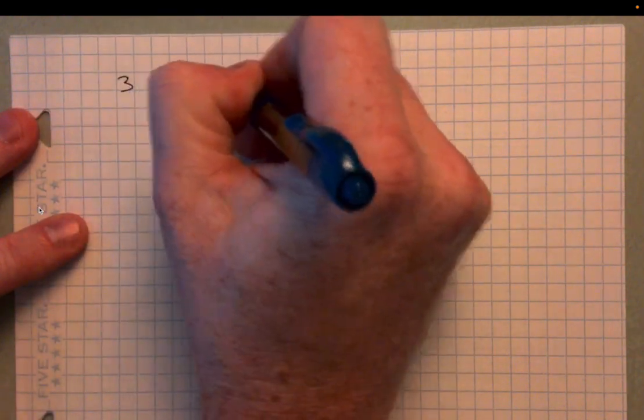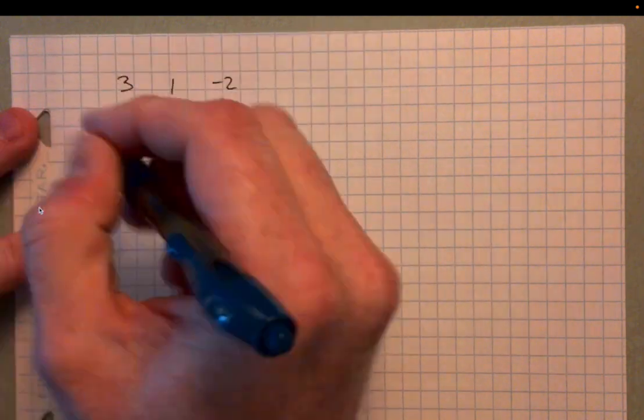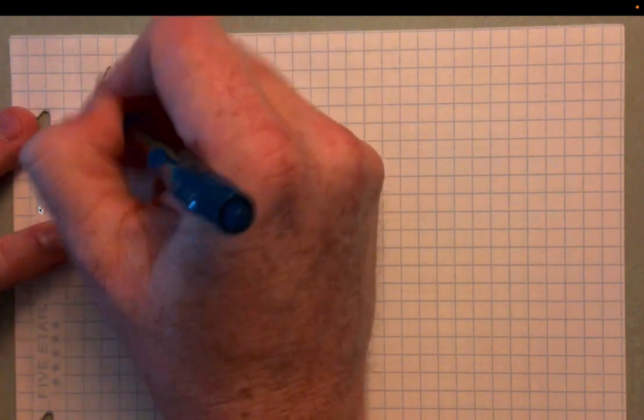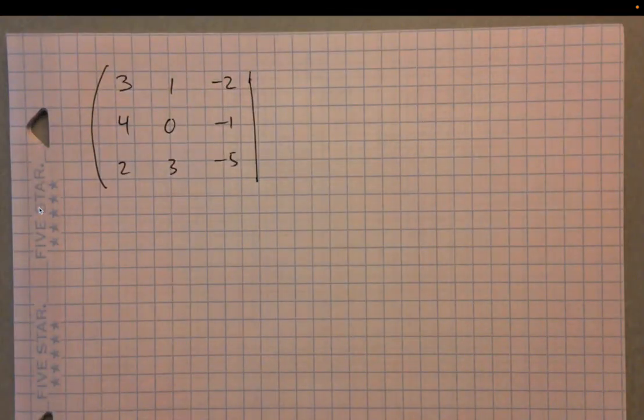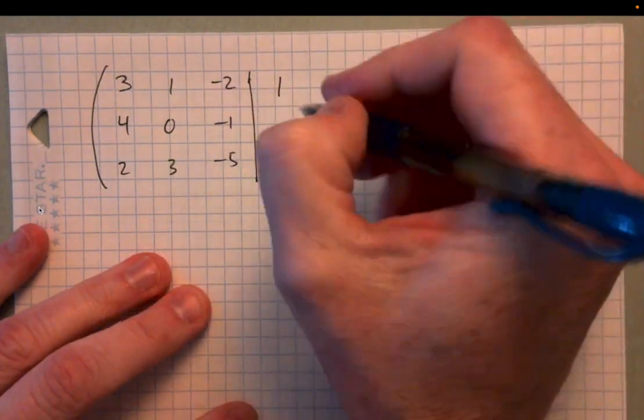So you've got your coefficient matrix here, and it's the same for both of them. It looks like this. Okay, and then you've got this divider here. And then over here is where your scalar matrix would go, the B in the AX equals B equation. Right? And so one of them looks like this, 1, 7, 18.